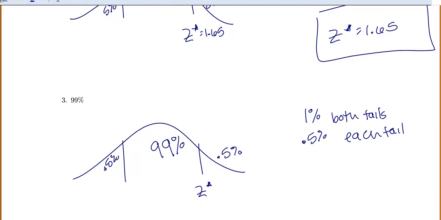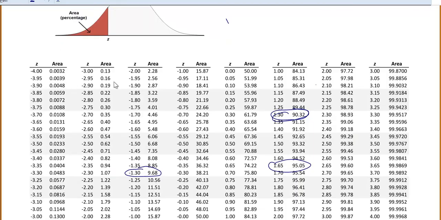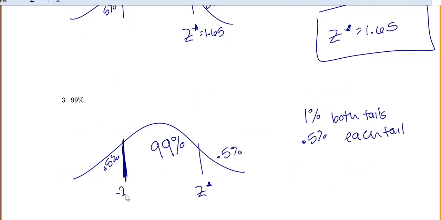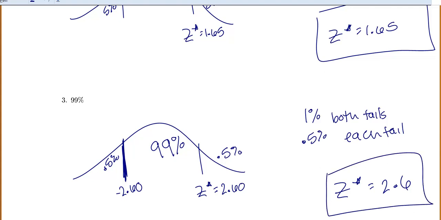I can go to my normal table, and let's say we want to find this value right here. The area to the left is 0.5%. It looks like the closest one is z equals negative 2.60. So by symmetry, z star is positive 2.60, or just 2.6.